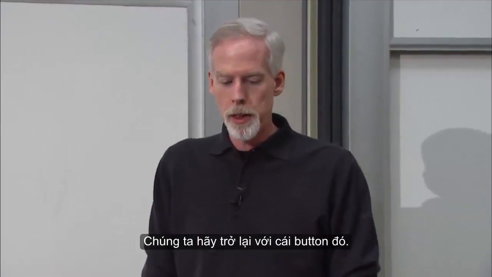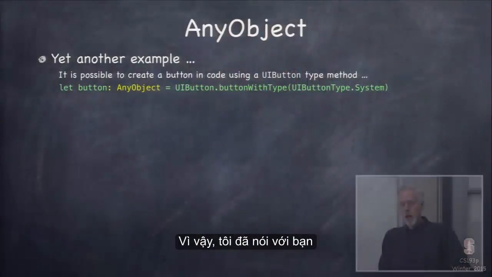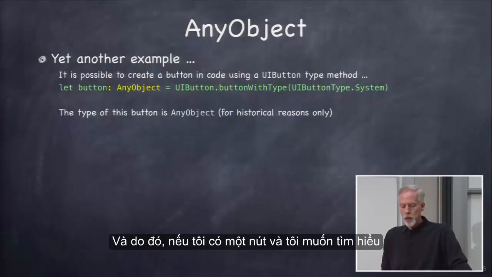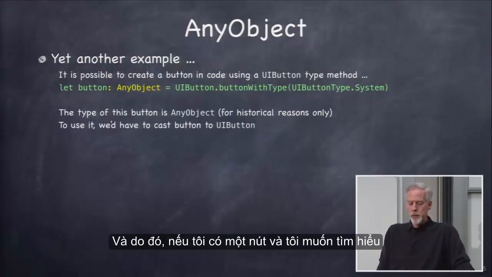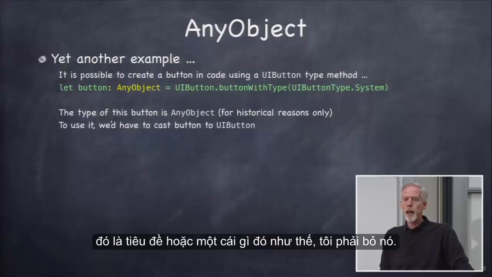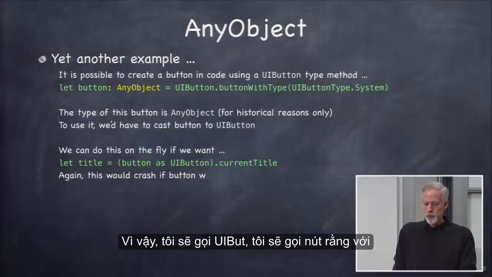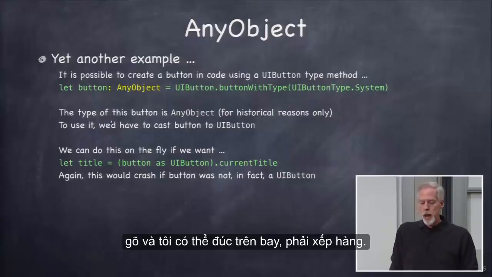Let's go back to that button thing. So I told you the button with type returns any object. Okay? And so if I got a button and I wanted to find out its title or something like that, I have to cast it. So I would call that button with type, and I can cast on the fly, right inline.